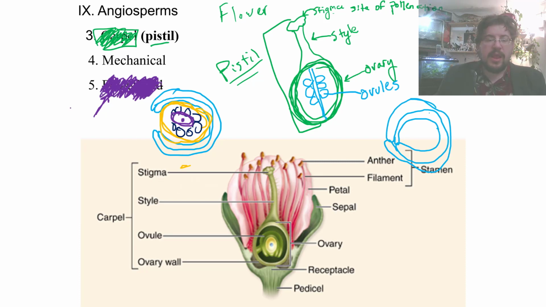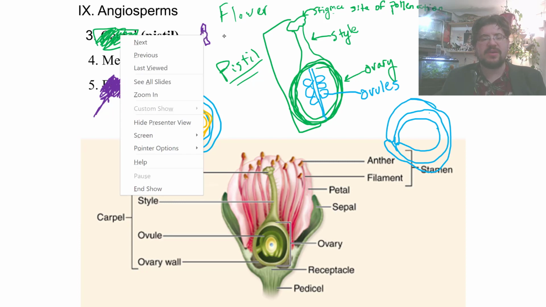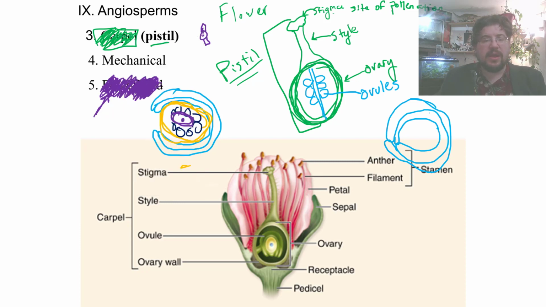Now, pollen gets to the stigma in a variety of ways. It can be wind dispersed, it can be vector dispersed, but ultimately the pollen lands on the stigma and is deposited mechanically. Mechanical deposition of pollen.